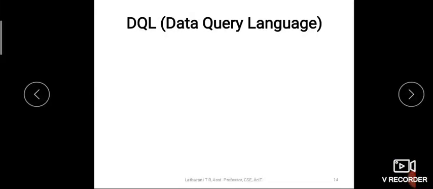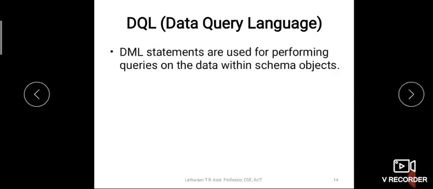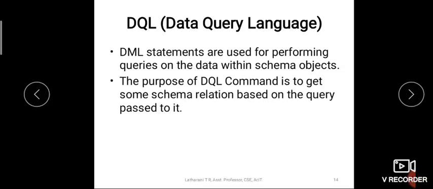So next, data query language. DQL statements are used for performing queries on the data within schema object. DML is to manipulate the data which is present in the database. DQL is used to access query.